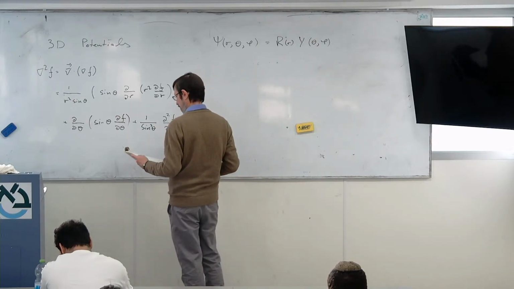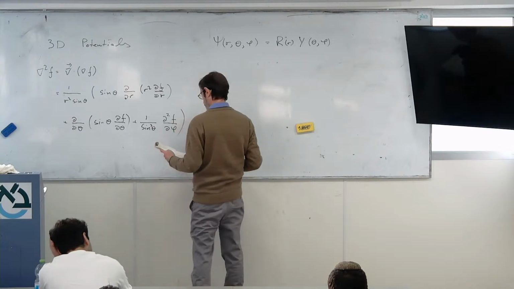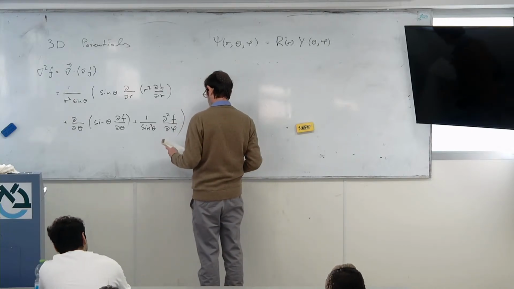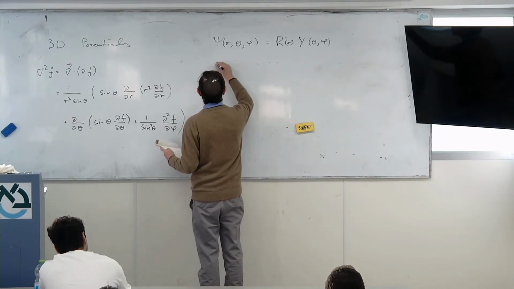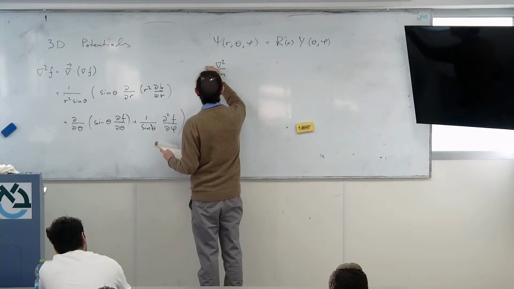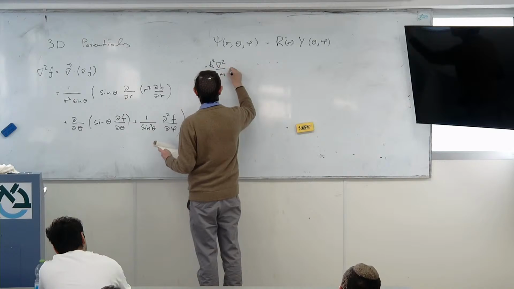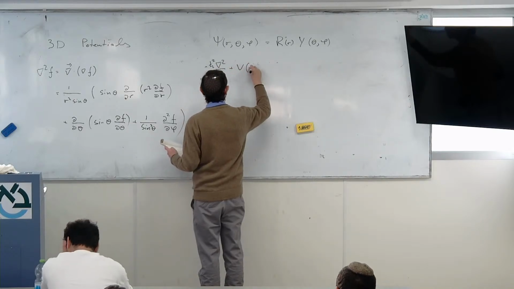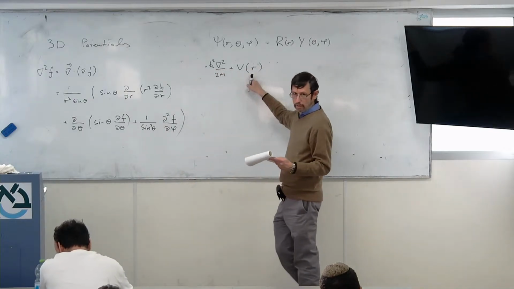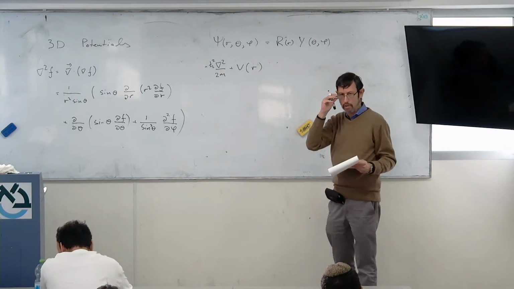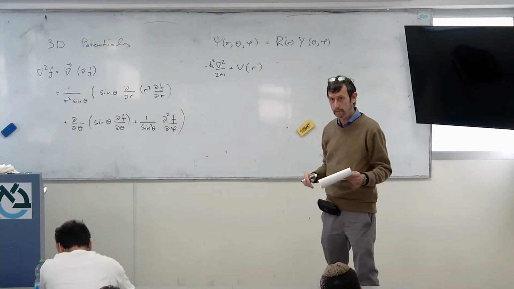Okay. So I have my Schrödinger equation. And when I'm writing here r without a vector, it's only the r component.